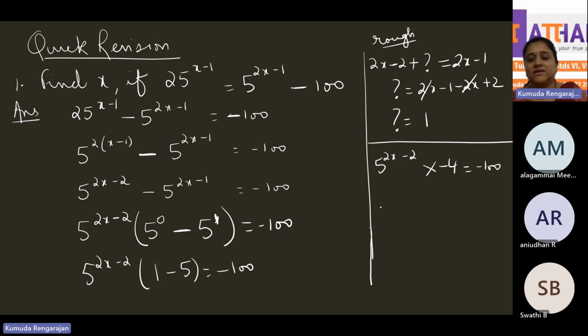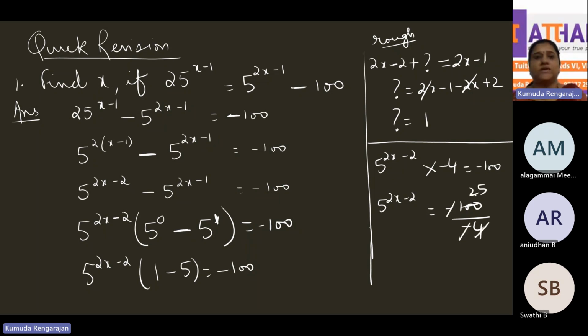Now you may ask, minus 100 is multiplied by minus 4, so minus 4 will become plus 4? Here, how is it minus 4? It's into minus 4. So we'll go for division to the other side. Into minus 4 will become divided by minus 4. Yes or no? So minus and minus will get cancelled.